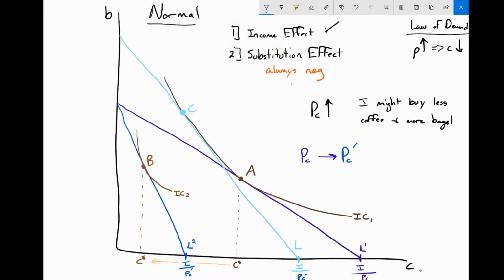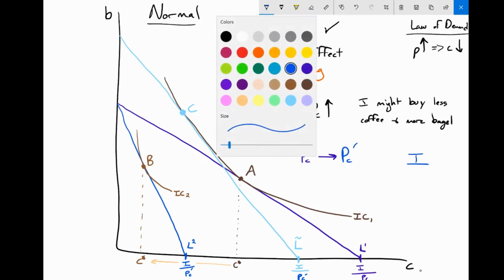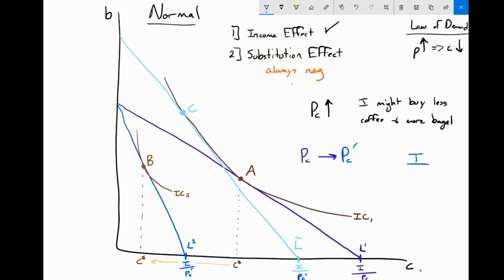I'm going to call this L. I'm going to put a squiggle on it, or a tilde. This is going to be the budget line squiggle. This is the budget line that they would face if their income was allowed to increase from the original income of I up to I tilde, or I squiggle.